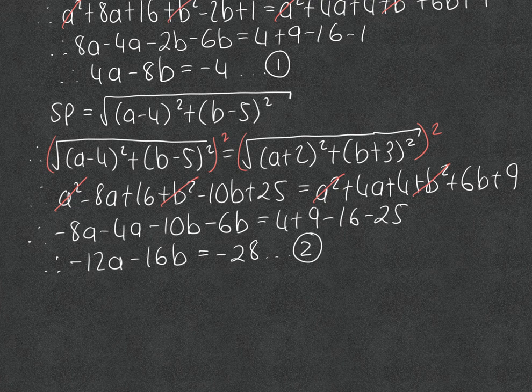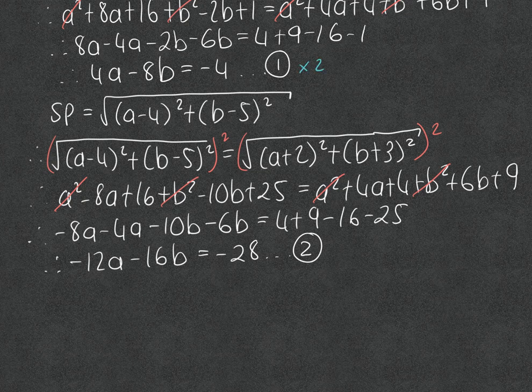Here we have a scenario where we can actually use the elimination method instead of substitution. Substitution would be too complicated here, guys, because in order to get A or B by itself with this simultaneous method, it would make fractions. So let's times the whole first equation by 2.